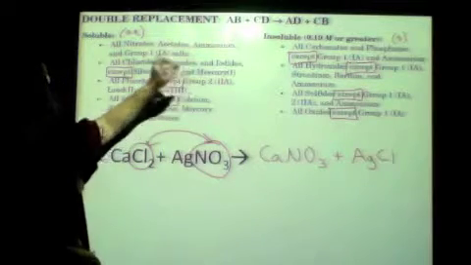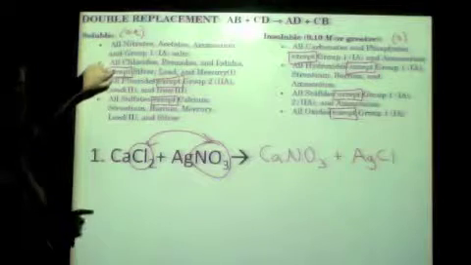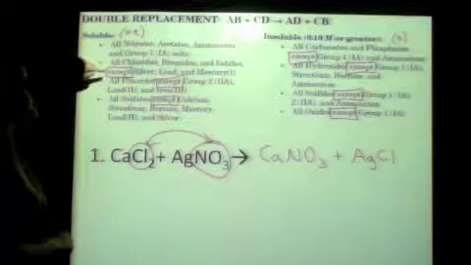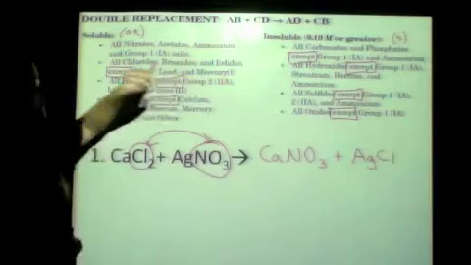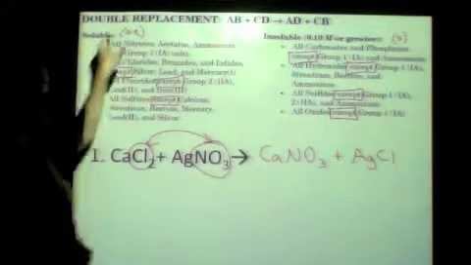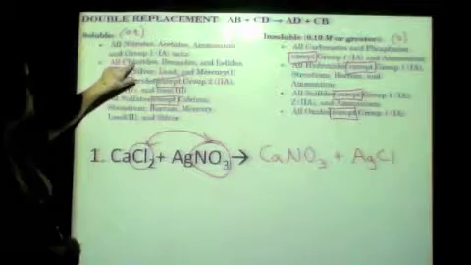This means in this bullet, all chlorides, bromides, and iodides are soluble except when bonded with silver, lead, or mercury. If it is an exception, it is the opposite column.